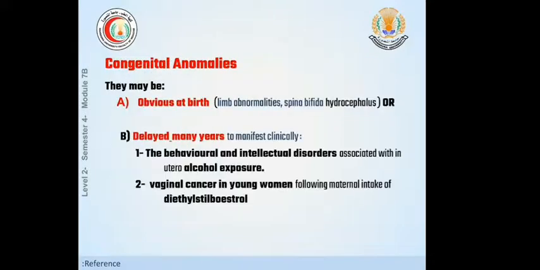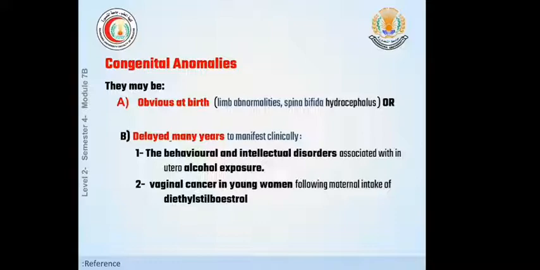Congenital anomalies may be obvious at birth or delayed many years after birth. They may be obvious at birth in the form of limb abnormalities, spina bifida, or hydrocephalus, according to the drug administered to the mother. Or they may be delayed many years after birth. They may appear in the form of behavioral and intellectual disorders.